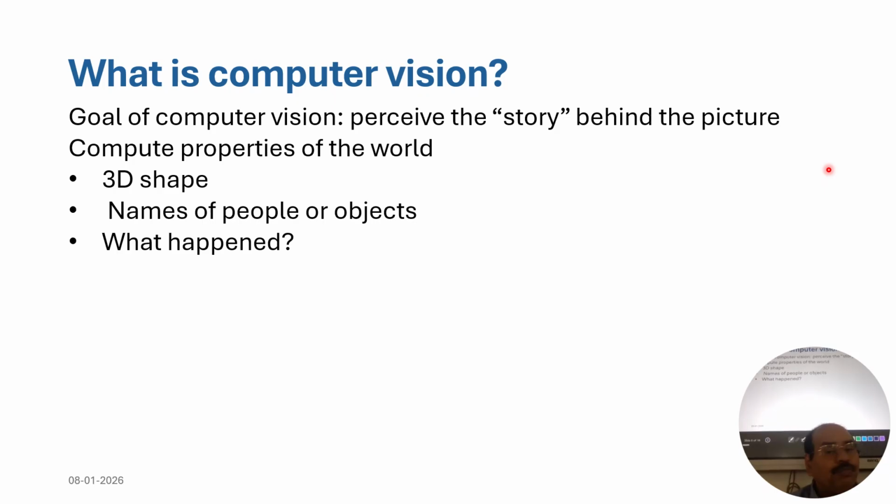What are the goals? You see an image, and every image tells you a big story, right? When you look into it very carefully, you can see that every image has much more to tell about it. So computer vision is not simply getting this image into numbers. Computer vision is something that has some kind of intelligence in it.